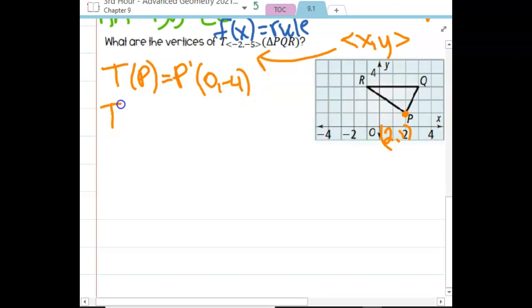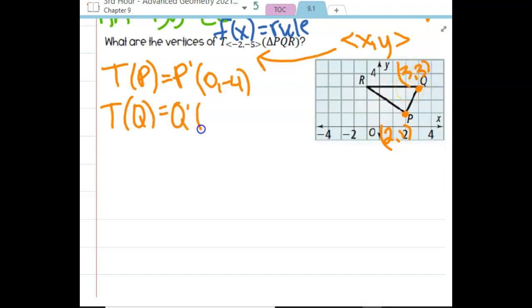We can do the same thing if we translate point Q. Okay, I first need to know where point Q is, and it is at 3, 3, which means Q prime would be left 2, down 5. So left 2 would be at 1, down 5 would be at -2, -5, so we'd be at 1, -2.